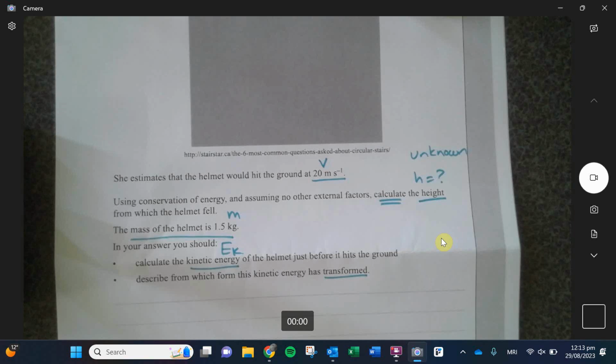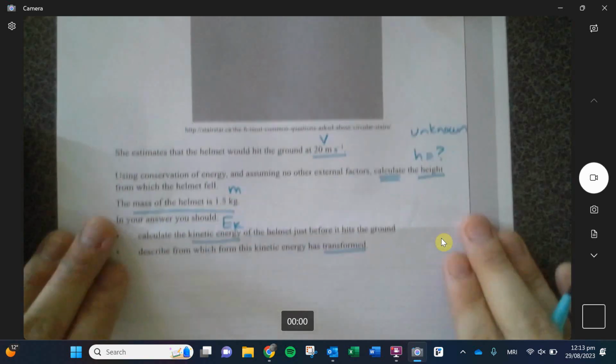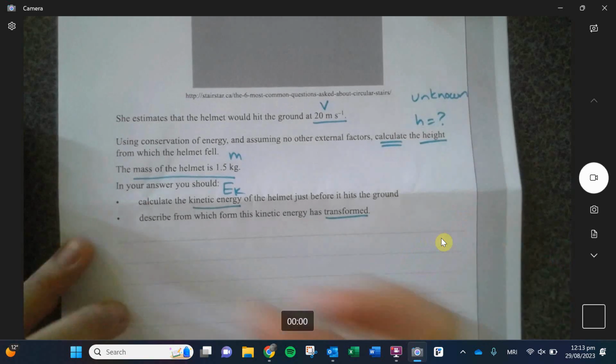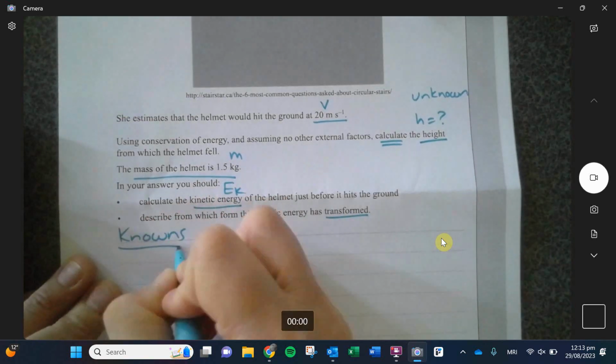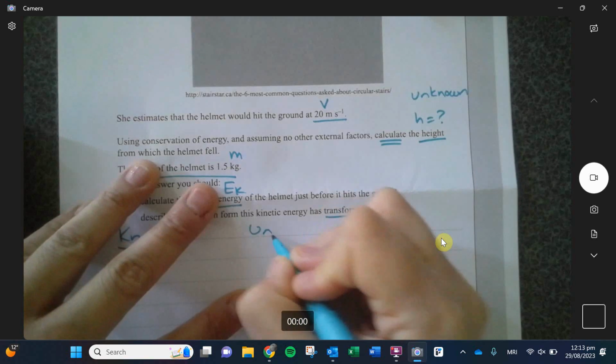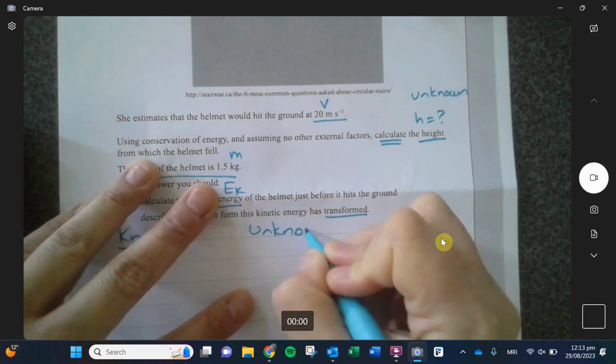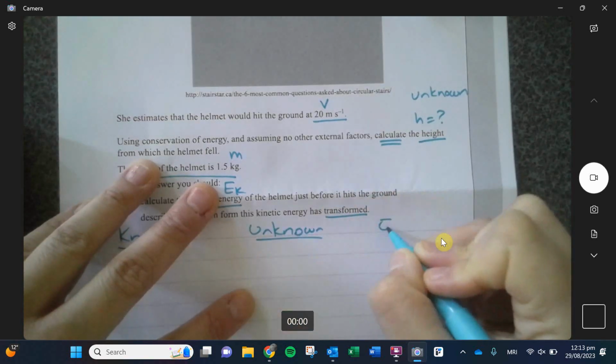Now, for physics, I like to organize things with my knowns, my unknowns, and my equations so I can think about the order of which I'm doing things in. This is actually a technique I learned when I was in high school, and I thought it was really helpful. So we list out our knowns, we list out our unknown, and we list out our equation.